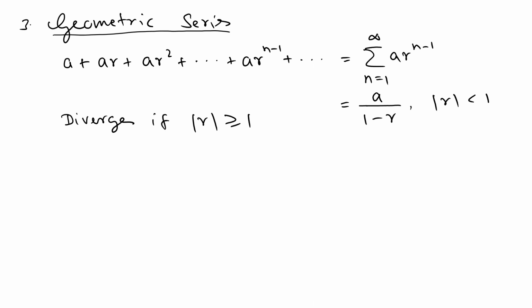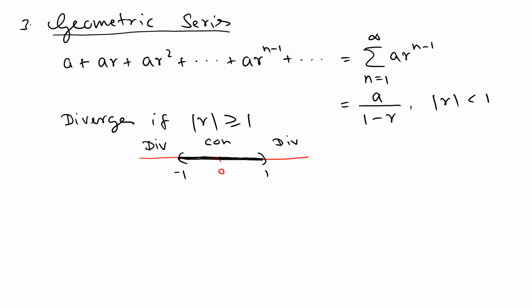We draw a line, that's the number 0, and it's going to converge between -1 and +1. That's the only place where it's going to converge. Outside it's going to diverge. So it converges here and diverges outside.